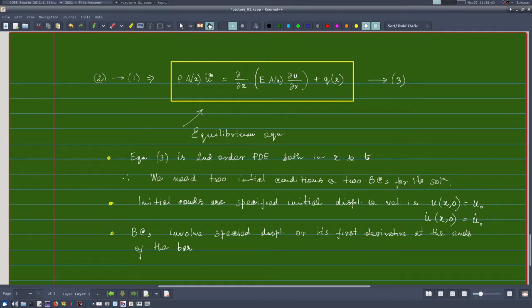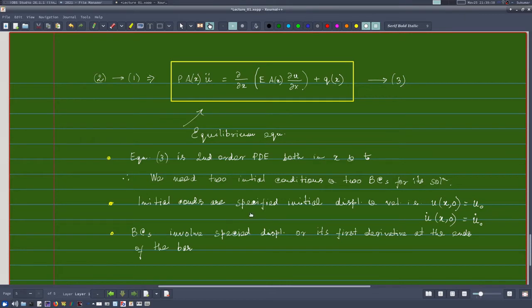Here I have second order time differentiation, u double dot, and here I have del del x of del u del x, so again second order. So the equation is a second order partial differential equation both in space and time, and therefore we will need two initial conditions and two boundary conditions for its complete solution.